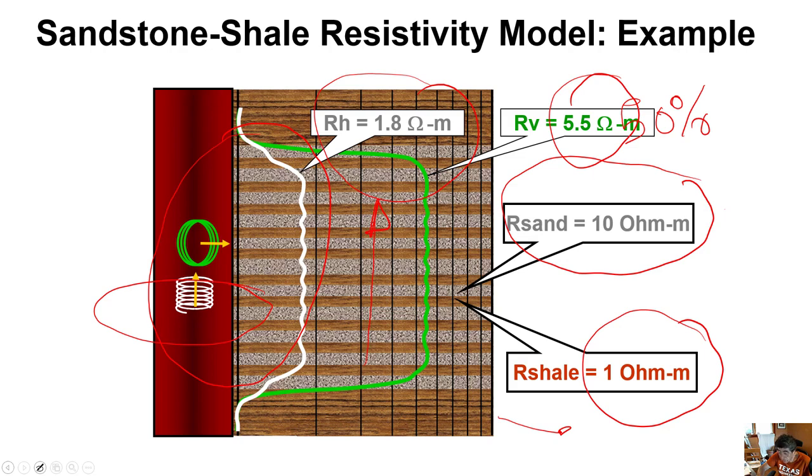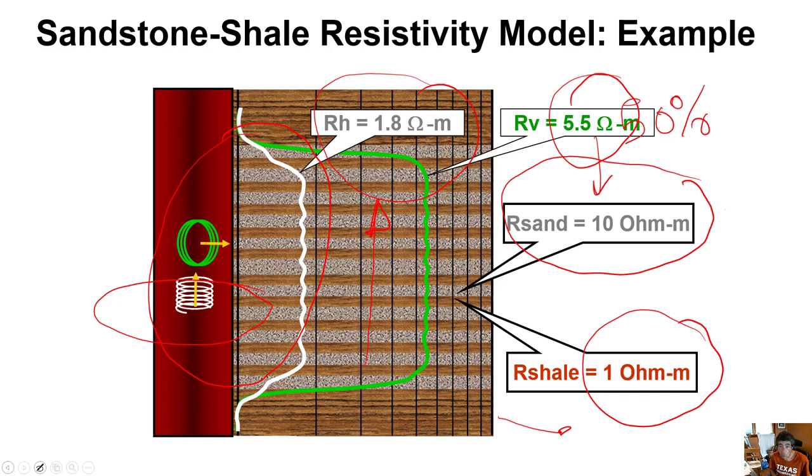So you see, we need this value to go to 10 before we can calculate what the saturation of water is in the sandstone fraction of the rock. So we need to do that. Even though the resistivity perpendicular to the bedding plane is closer to the resistivity of the sand, it is not yet that close. So what do we have to do?